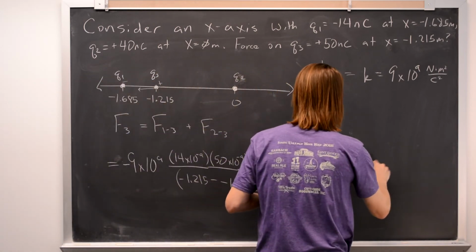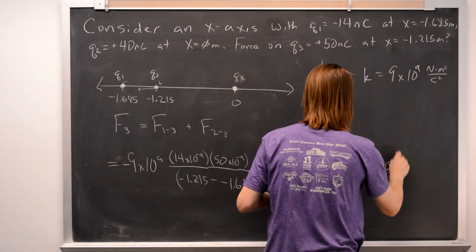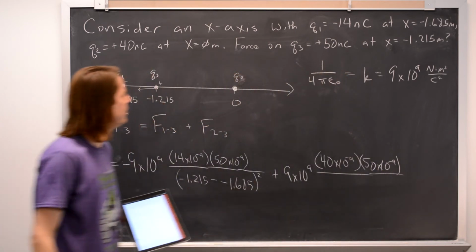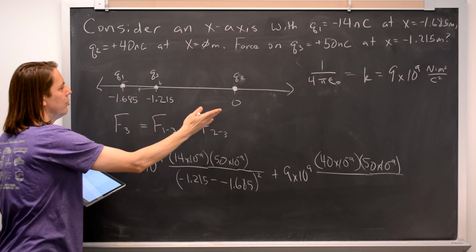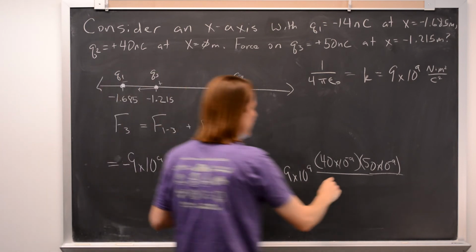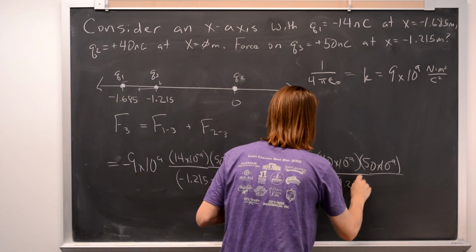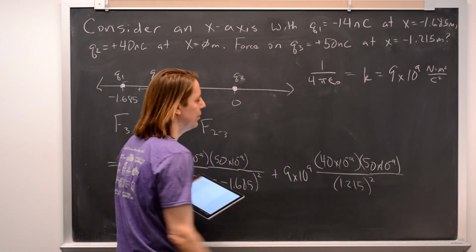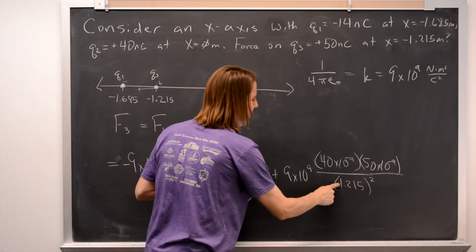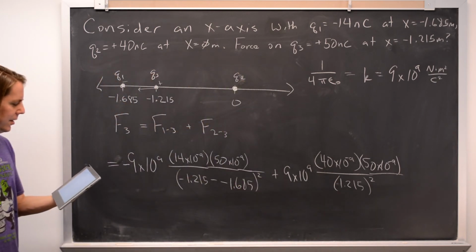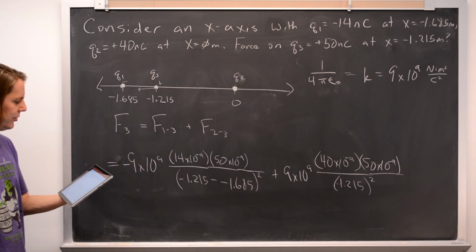They're both positive anyway. Doing everything in MKS units. And the difference in position, this distance, is 1.215. Don't have to write it negative, we're going to square it, it doesn't really matter. It's really the magnitude of the separation. So you plug those numbers in, now it's all just numbers.